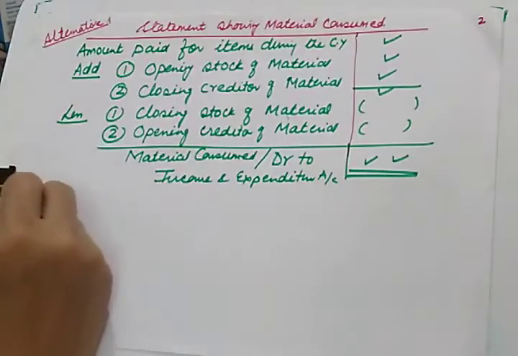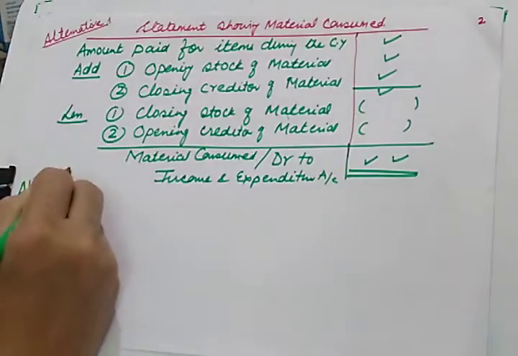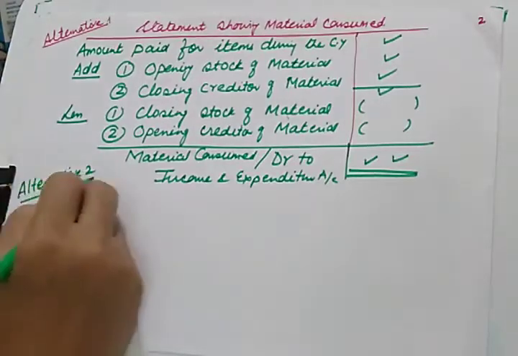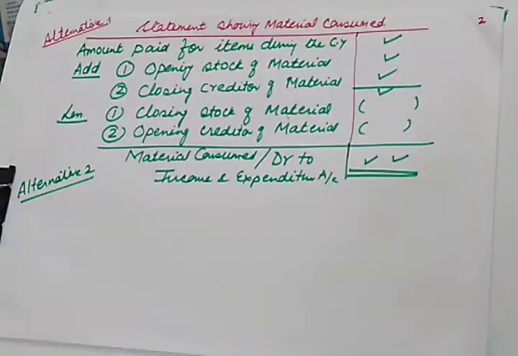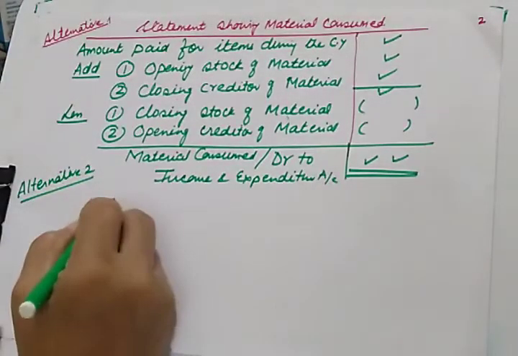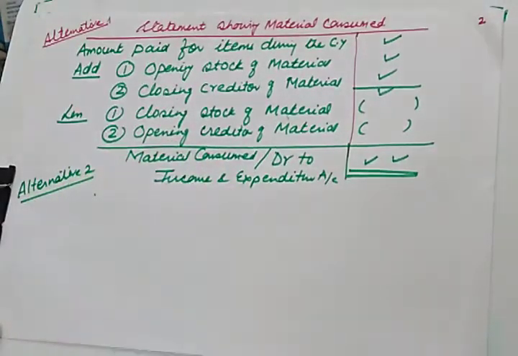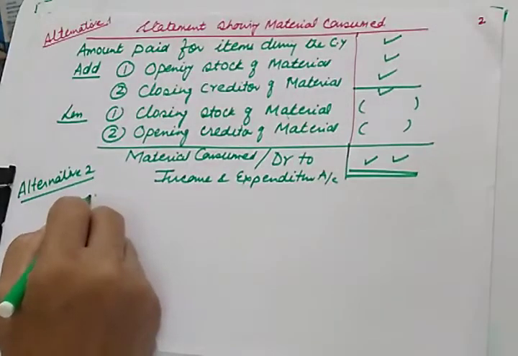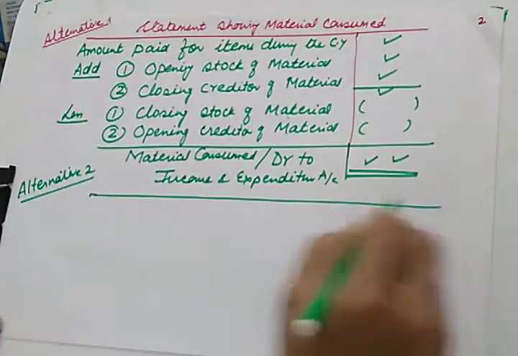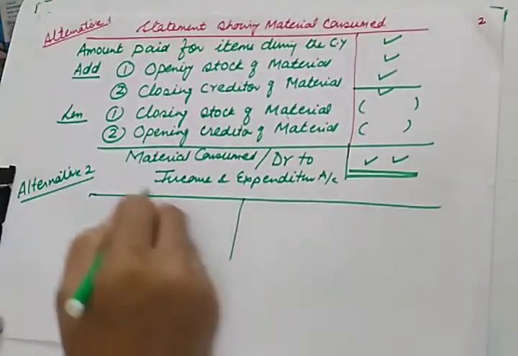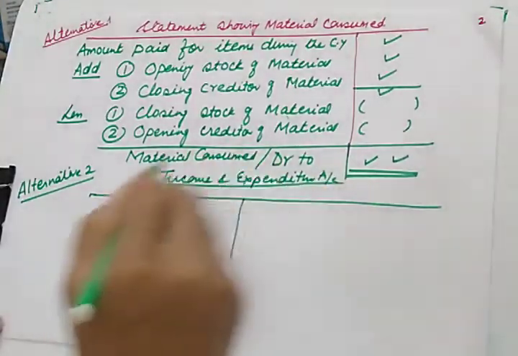Now the next alternative method, or you can call it as third method, through the preparation of ledgers. So I have seen that most of the teachers used to like this third method, but it's up to you. If nothing is mentioned in the numerical, in that case you can use any of the methods.